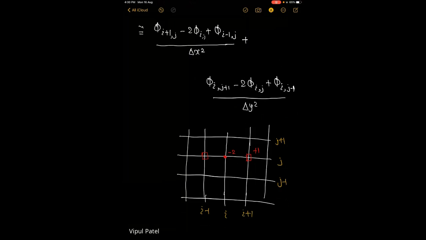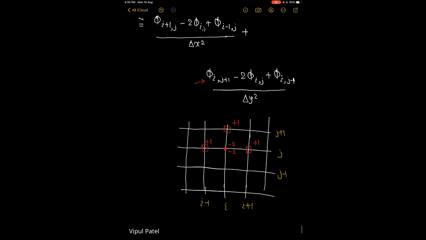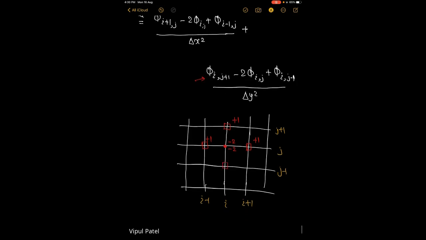Then phi i comma j plus 1, this node, also has a contribution of plus 1. Then again at node ij you have a minus 2, and at i comma j minus 1 you have a contribution of plus 1. So this minus 2 and minus 2 I can club and write as a minus 4.